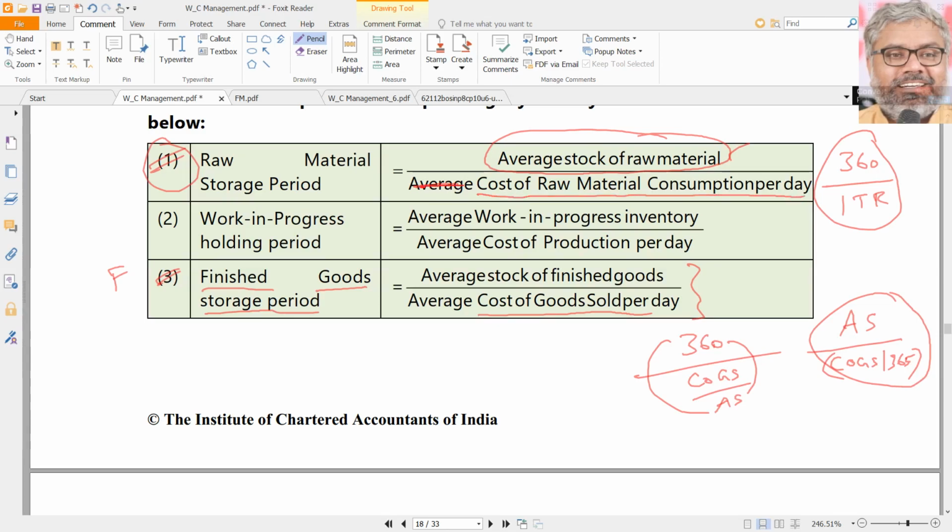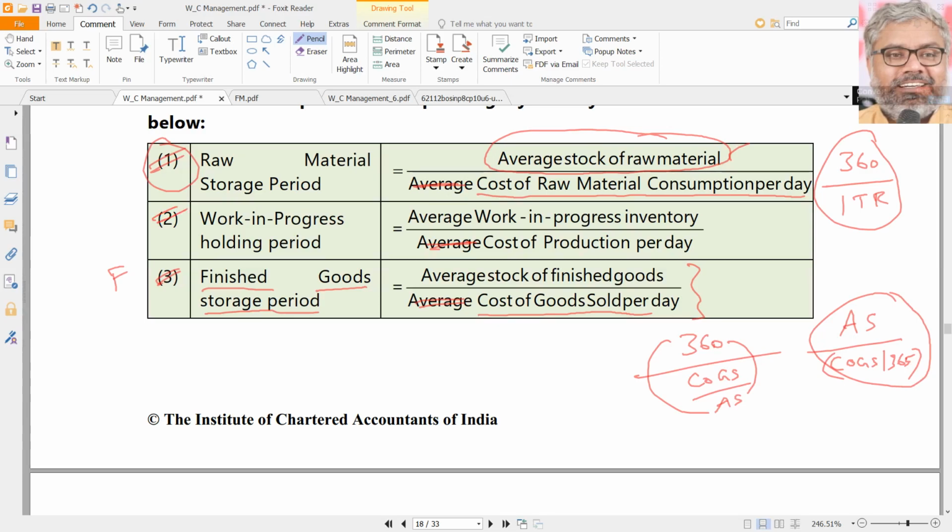Don't take the average in the denominator too seriously; people may think there are two averages. Average basically means that when you have per day, that is an average only. But what is this in the denominator? Cost of the raw material consumption per day. So raw material consumption divided by 360 or 365 will give that, the cost of raw material consumption per day. And in the numerator, average stock of raw material will be there.